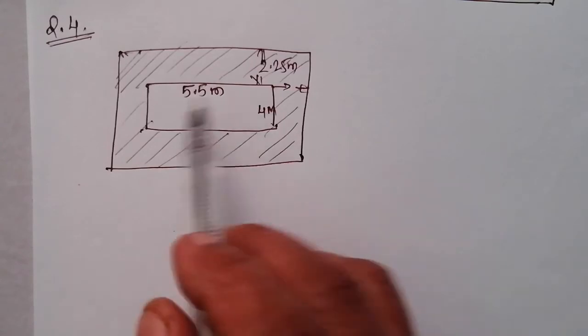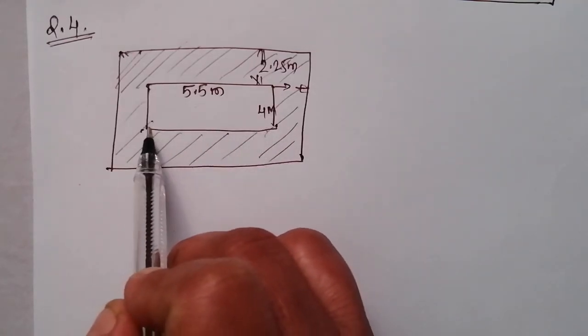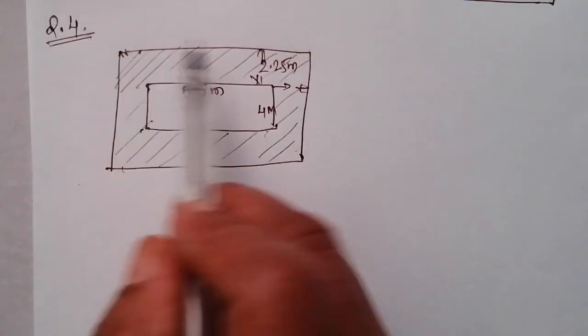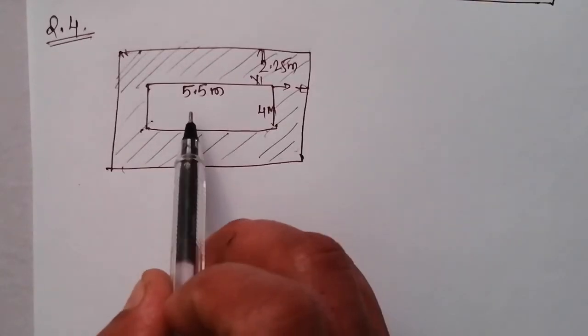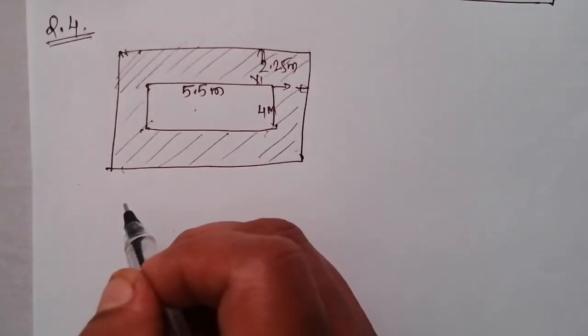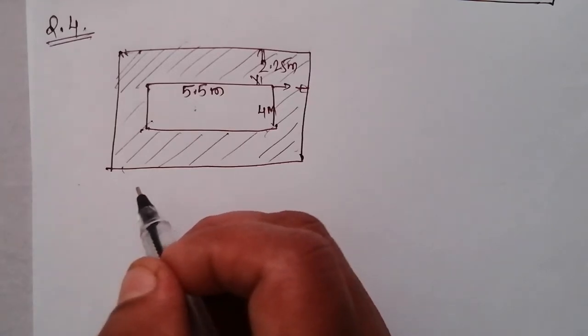Means first of all you are going to find out the area of the room, then you are going to find out the area of the room with the veranda, and then you are going to subtract the area of the room from the area of the room with veranda, you will get the area of the veranda.